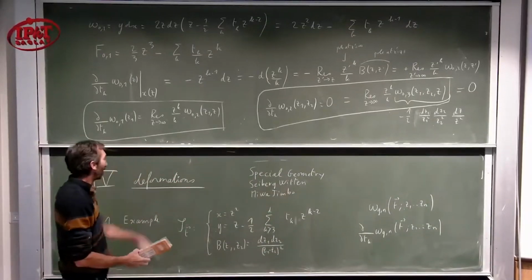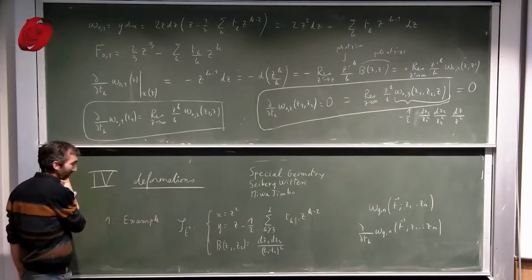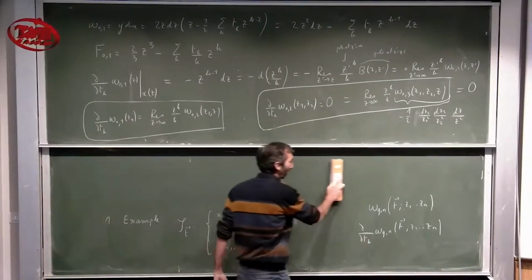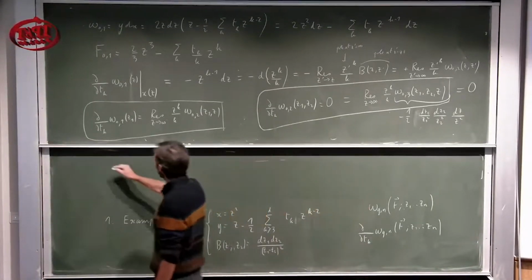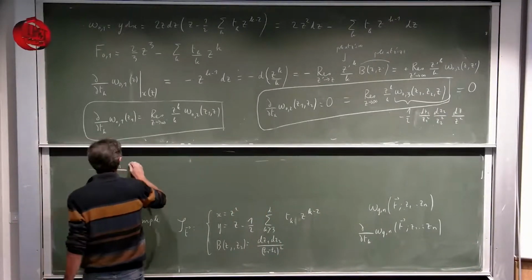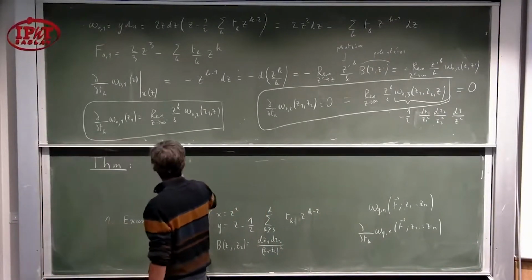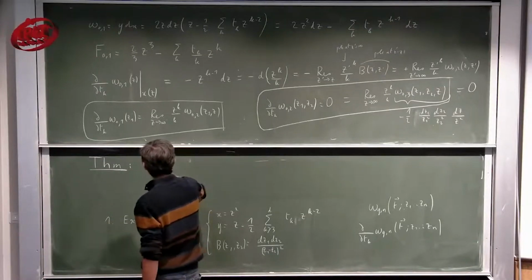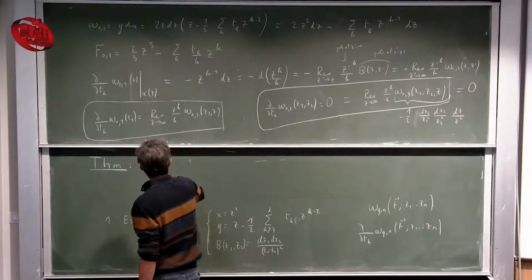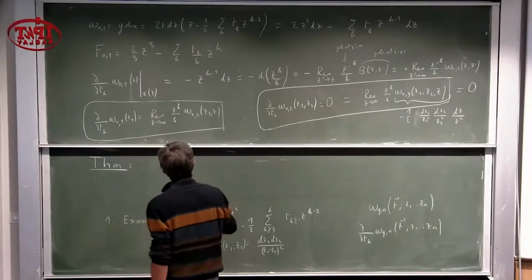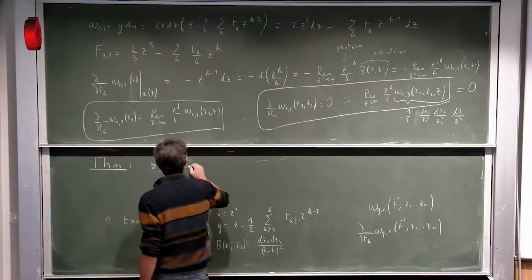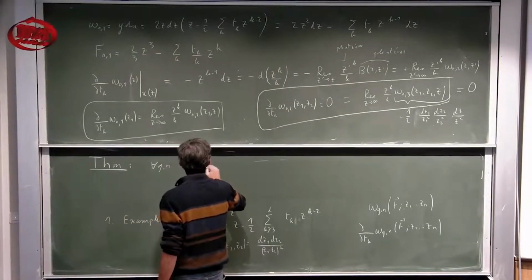And this is really what is called special geometry. So I should maybe not erase that out of the way. And so this is a theorem. Okay, so let me state the theorem in this case. For every g, n, such that 2g minus 2 plus n is positive.